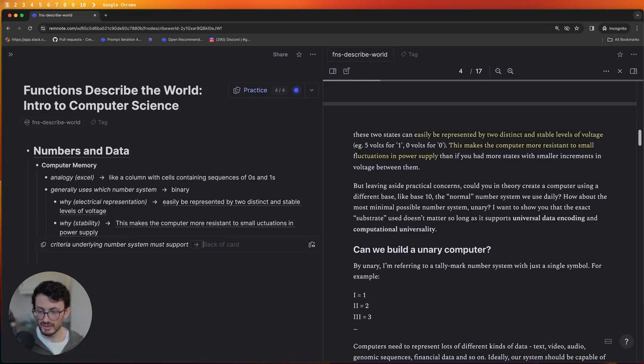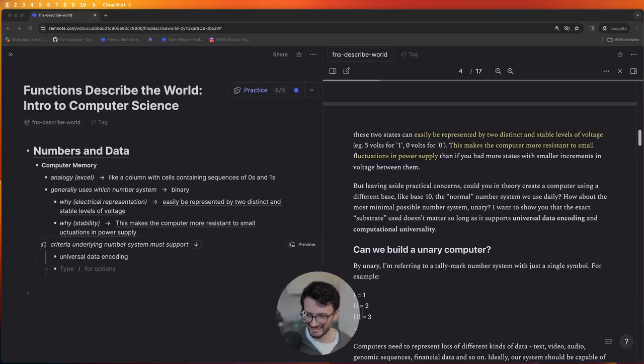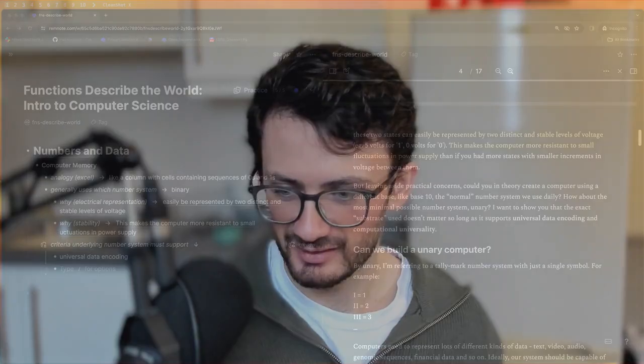I could do a list card by pressing enter here and giving two answers. So universal data encoding. Sorry, this is getting in the way. Okay there.